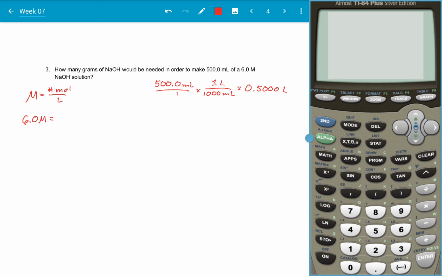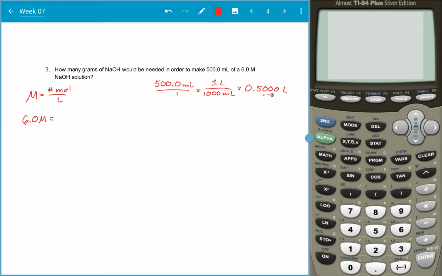These zeros that are following the 5 are all significant and must not be dropped. So, if we look at our problem, we have 0.5000 liters.